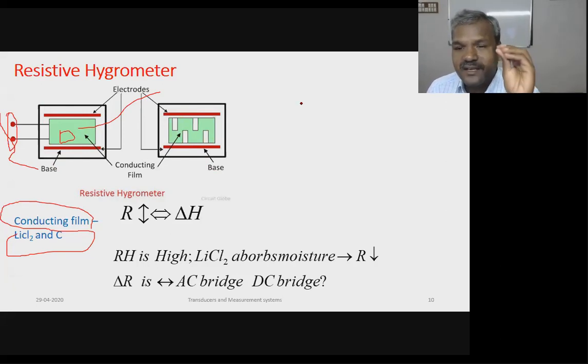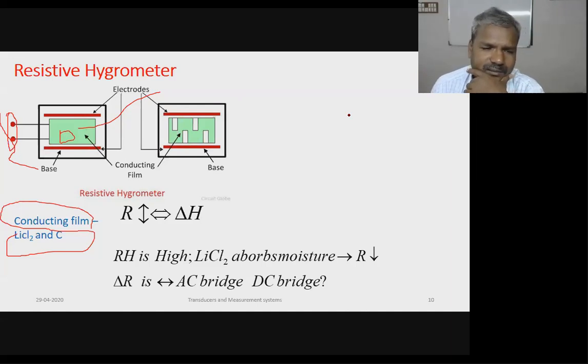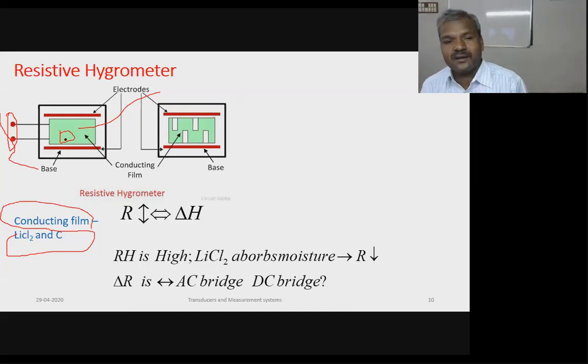But the important thing is we should not excite this bridge with DC, because if we apply DC to the lithium chloride, there is a breakdown. The basic principle is that when we place a lithium chloride or carbon conducting film across electrodes and pass current, there will be a polarization.